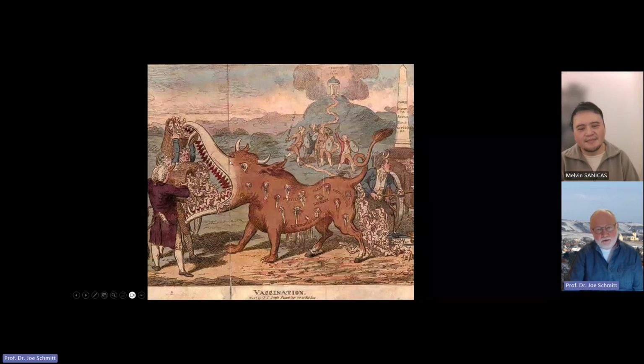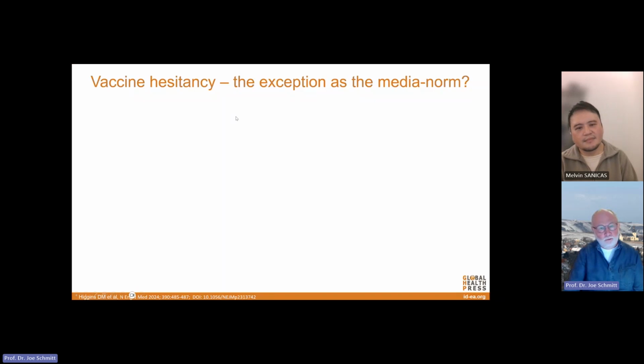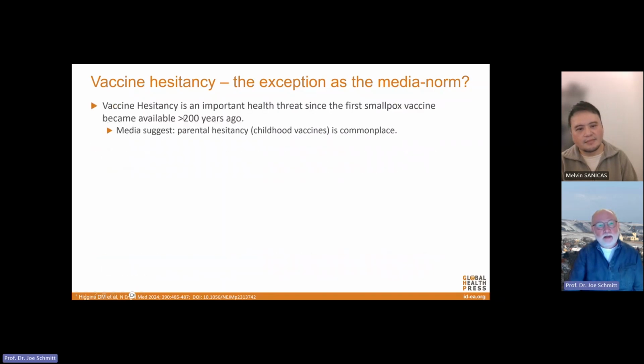We have been aware of vaccine hesitancy for over 100 years. And there is now a very nice commentary in the New England Journal of Medicine this week: Vaccine Hesitancy, the Exception as the Media Norm. Now, vaccine hesitancy, as I said, is known for over 200 years, and media today suggests that parental hesitancy on childhood vaccines is commonplace.